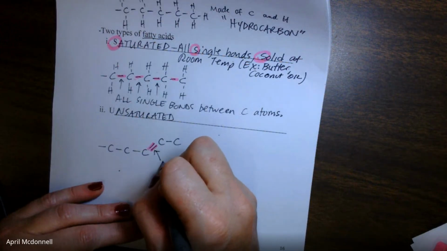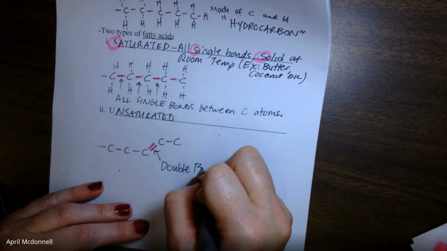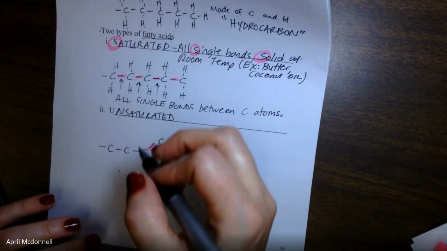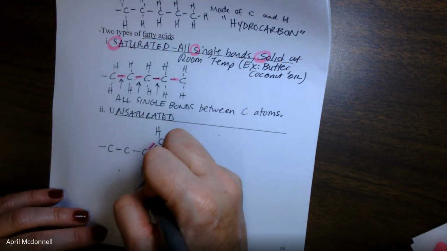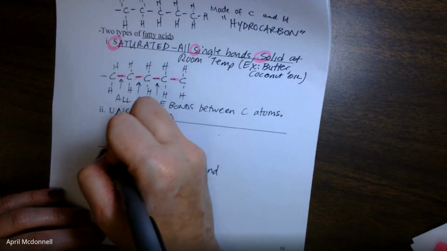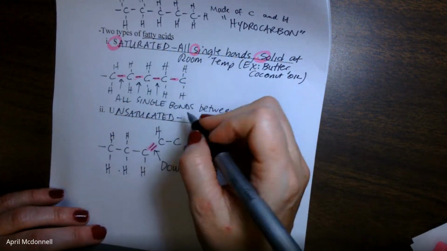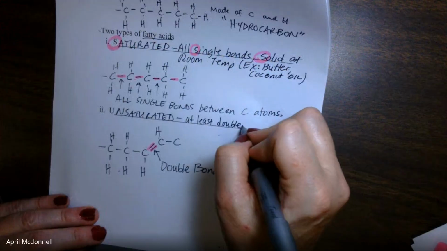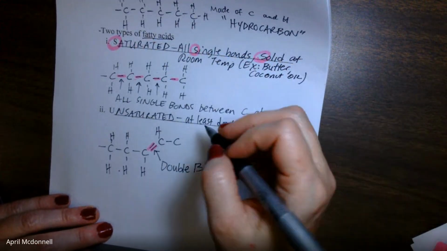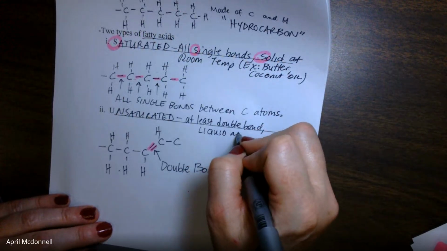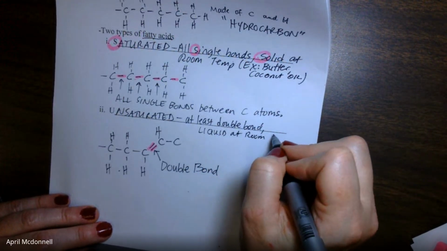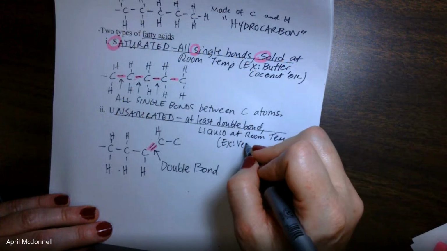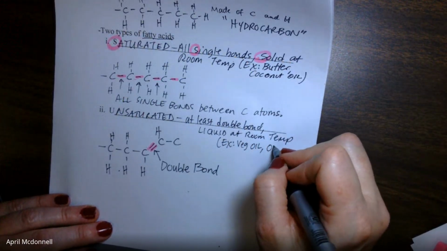If there is a presence of at least one double bond in the carbon chain within the fatty acid, then it's called an unsaturated fat. So unsaturated fats have at least one double bond, and they tend to also be liquid at room temperature. So our examples here would be vegetable oil or olive oil.